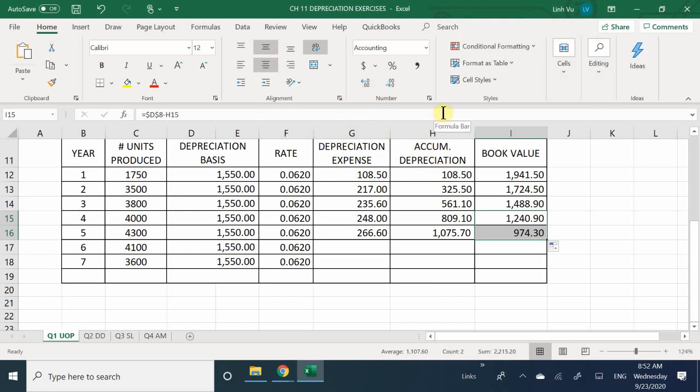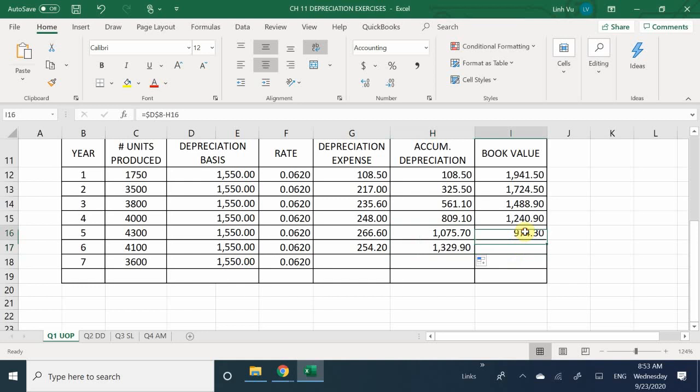So what is going to be the depreciation expense for year 6? $254.20. And then what's the accumulated depreciation here? 1329.90.